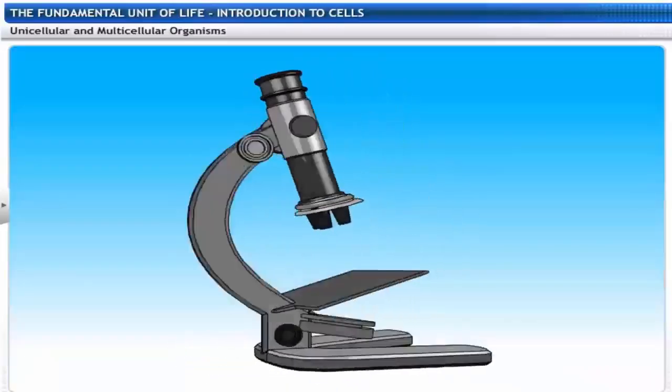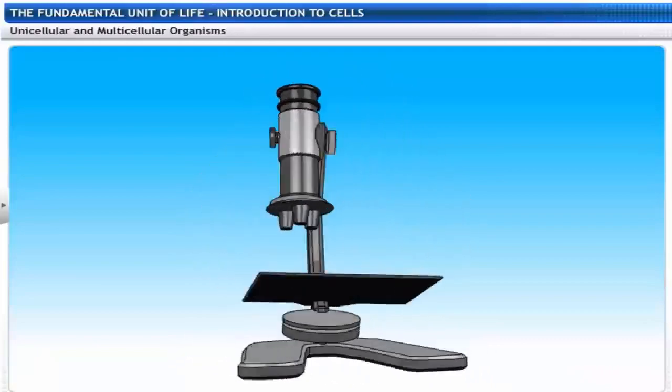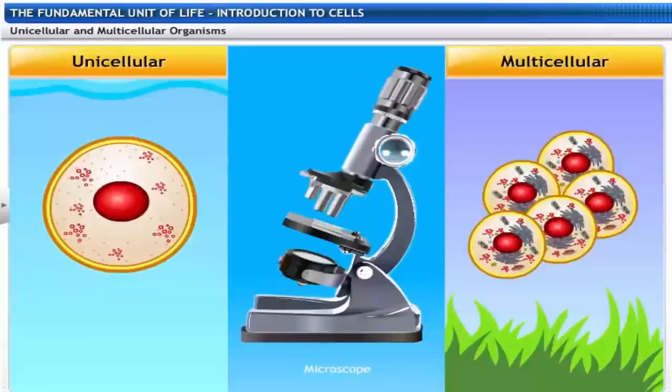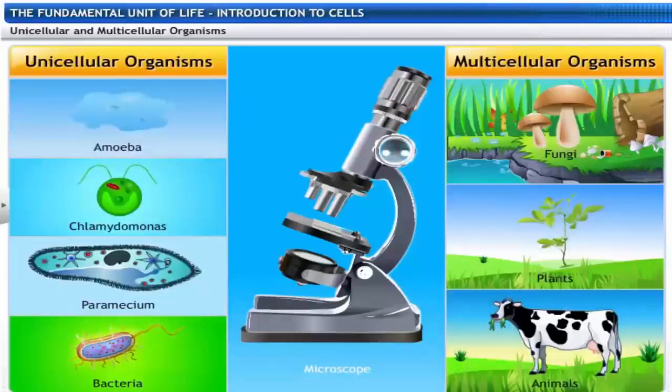The development of the microscope led to the discovery of single and multiple-celled organisms. Organisms like amoeba, chlamydomonas, paramecium, and bacteria have single cells, which constitute the whole organism. These organisms are called unicellular organisms.